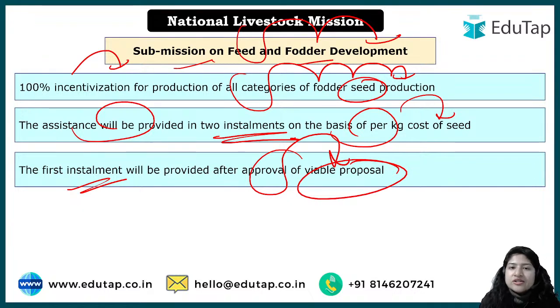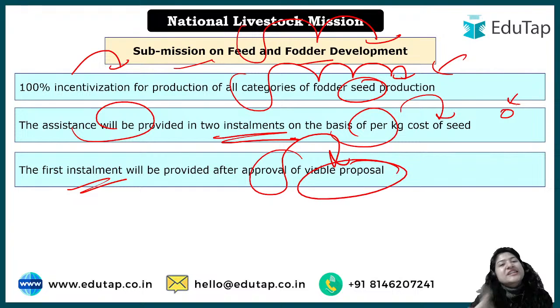So here the first installment will be provided, because look, it's not like scientists randomly start doing experiments and by mistake a new production happens. No, they first have a detailed version: this is our analysis, and as per this analysis, if we follow these steps, we would have seeds with such genes which will improve the quality. So first there is a proper project that is made.